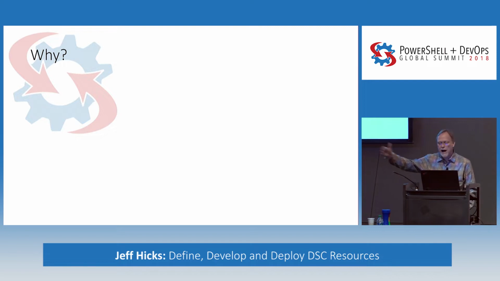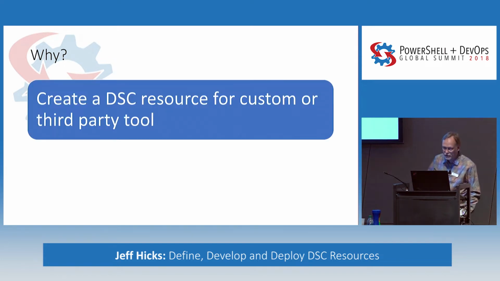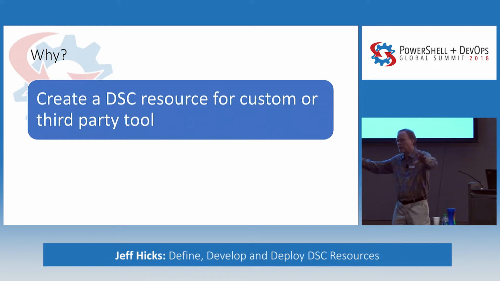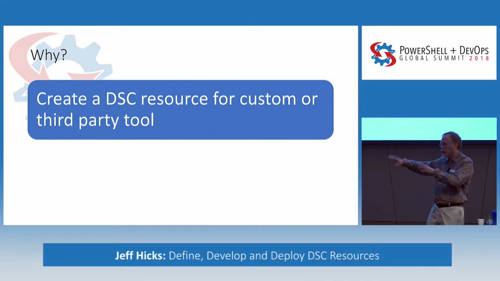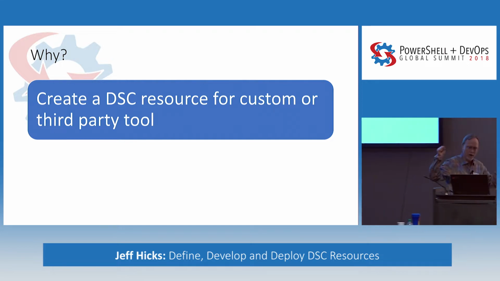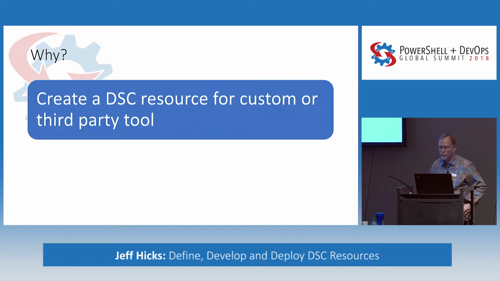There are tons out of the box on the PS Gallery that will do all sorts of amazing things. But there may be situations where you have some in-house developed application or some custom configuration, and there's nothing out there in the gallery that will do what you need to do. That's perfectly fine. You all have amazing PowerShell skills so that you can solve that problem. That's why you're here.